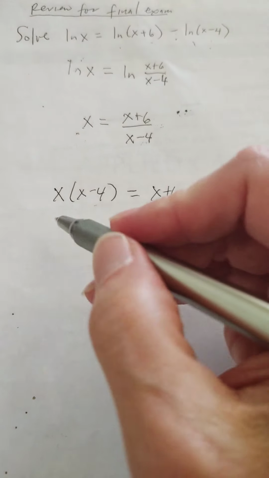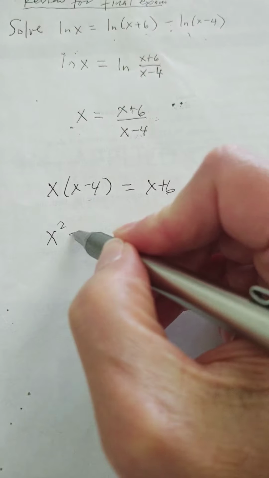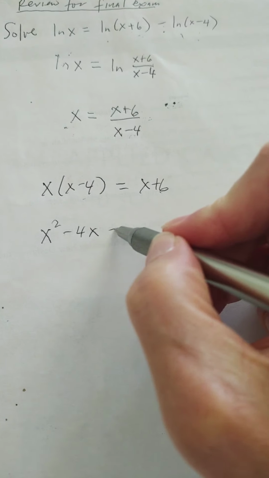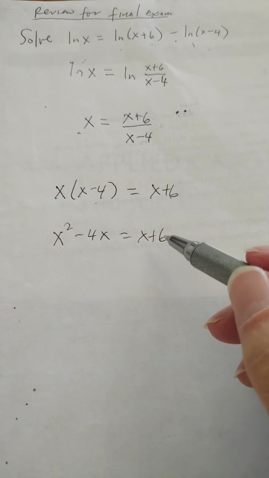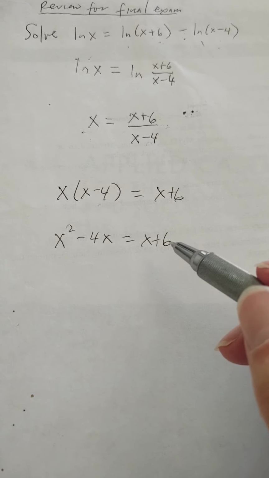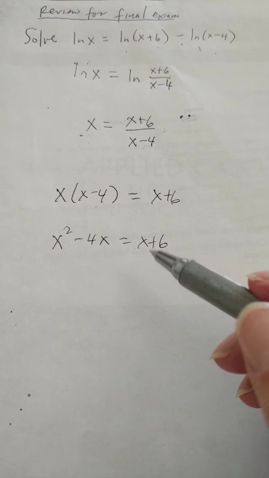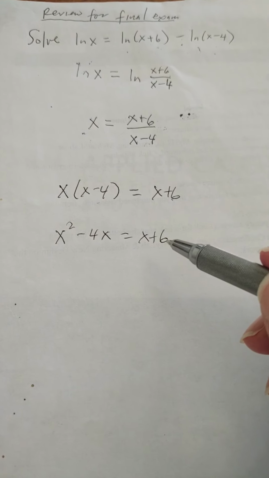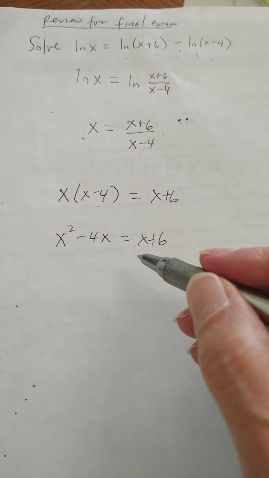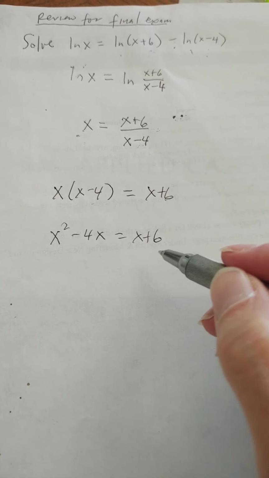Okay, let's distribute. So I get x squared minus 4x is equal to x plus 6. Next, I want 0 on one side. Don't forget that. That's a beautiful thing to remember when you're solving equations of degree 2 or higher. Almost always you want 0 on one side. So I'm going to subtract x, and then I'm also going to subtract 6.